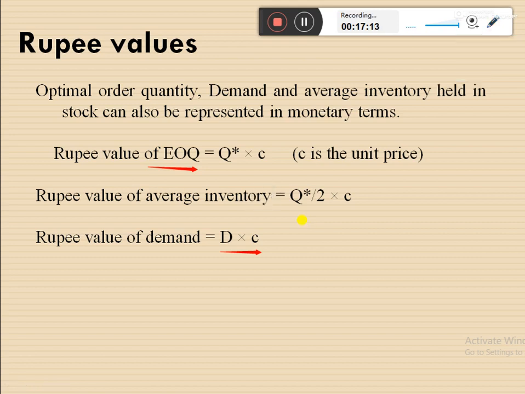In this way, we can convert economic order quantity, demand and average inventory into terms of rupees.